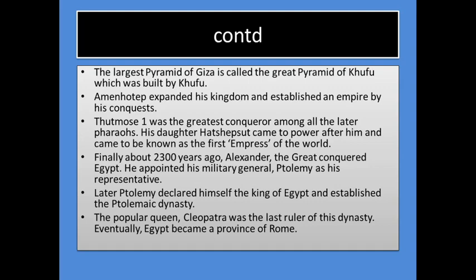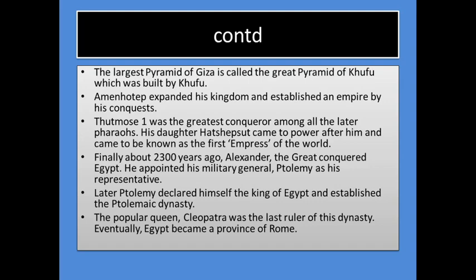Then, Thutmose I was the greatest conqueror among all the later pharaohs. He had a daughter called Hatshepsut who came to power after him, and she was known as the first empress of the world.